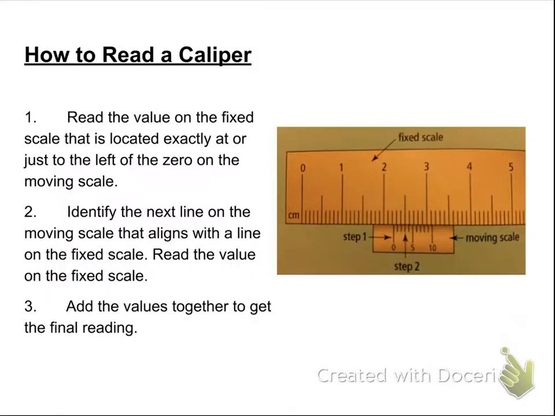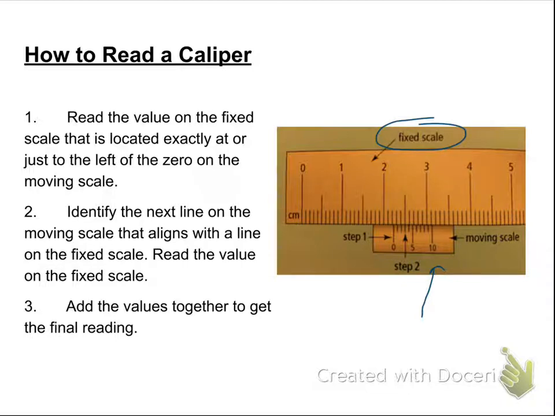So how do we actually do this? So a caliper has this fixed scale that stays the same, and then this bottom part down here that slides back and forth, and it makes these things line up in different spots. So the first thing you want to do is read the value on the fixed scale located exactly at or just to the left of the zero.